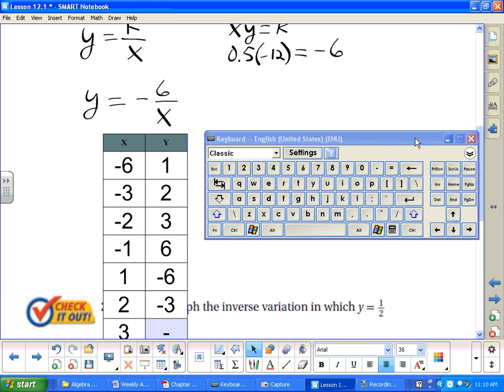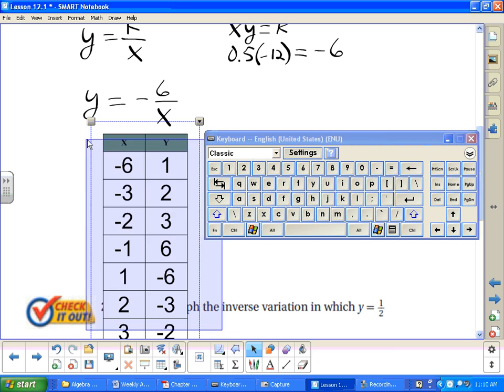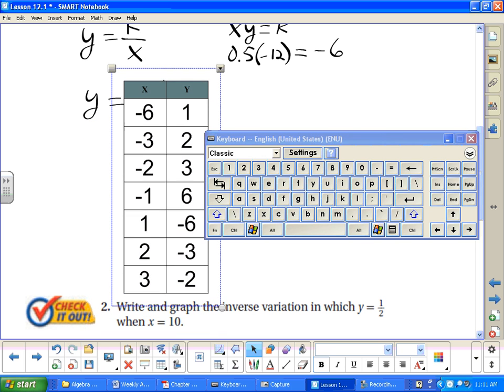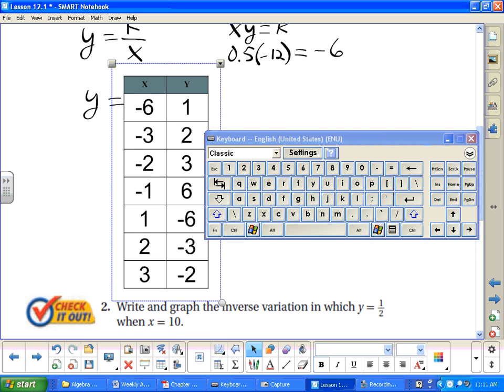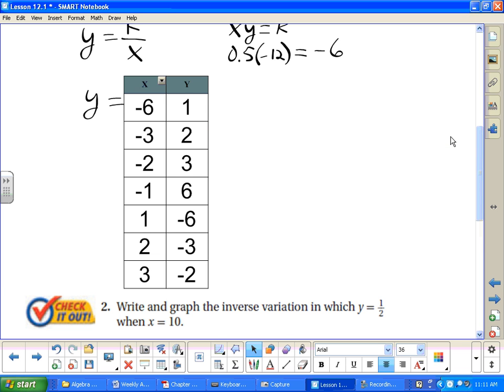Negative 2. Then we would add another one and put positive 6. And negative 6 divided by positive 6 is negative 1. All right, so we make a graph.